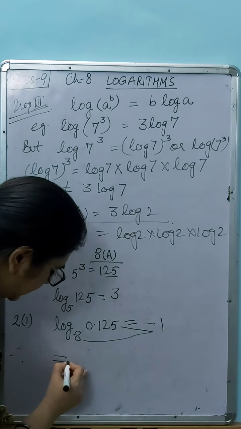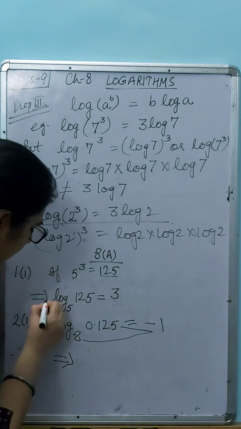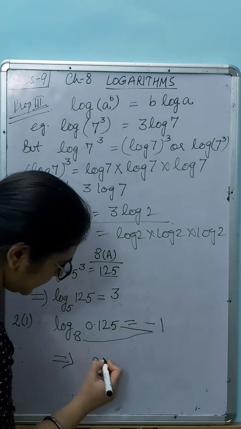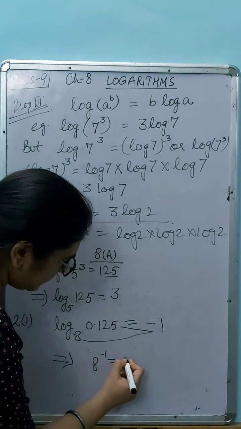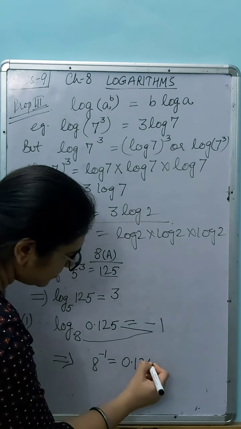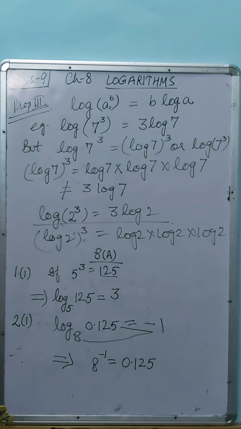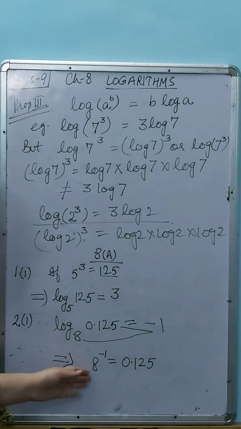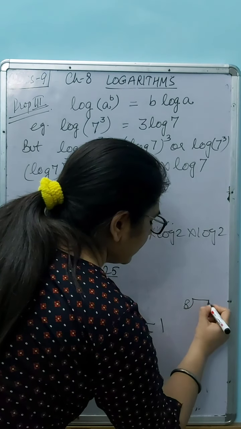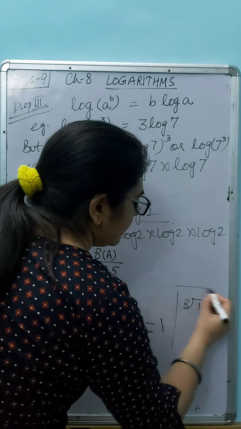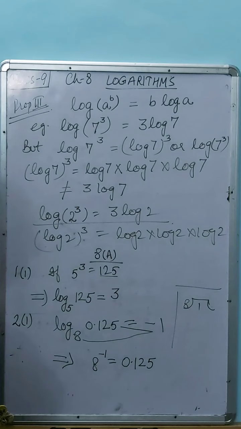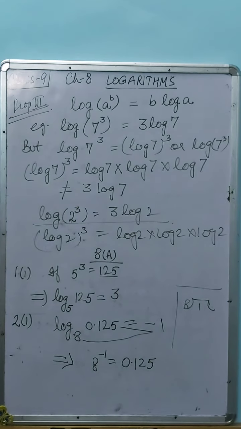So apply the implies sign rule, here and here. 8 raised to power -1 is equal to 0.125. If you go to solve this, 8 raised to power -1 means 1/8, and 1/8 means you are dividing 1 by 8. So this thing is very difficult for us. By taking log, it becomes very easy for us. Next one.